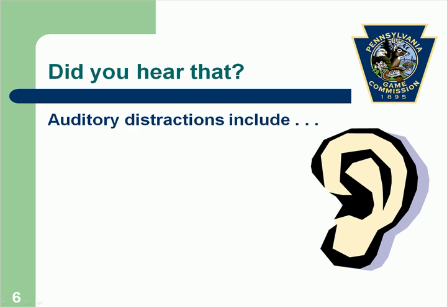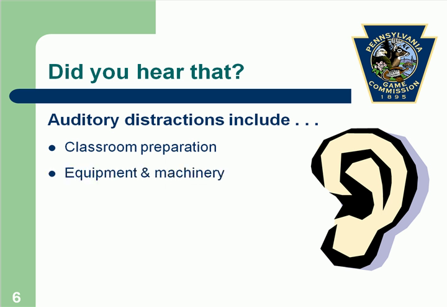Classroom preparation. Things such as sharpening pencils, hanging posters, and checking audio-visual equipment, in addition to positioning your teaching materials such as desks and tables in the room. Equipment and machinery.